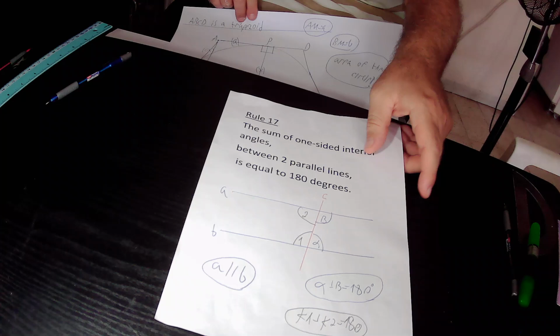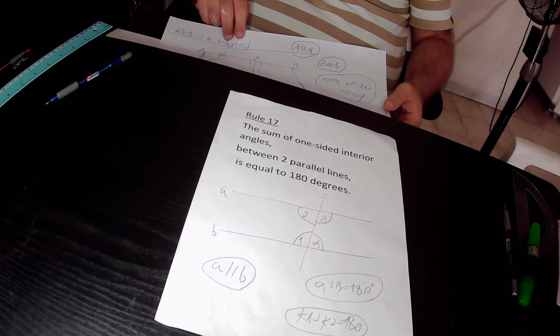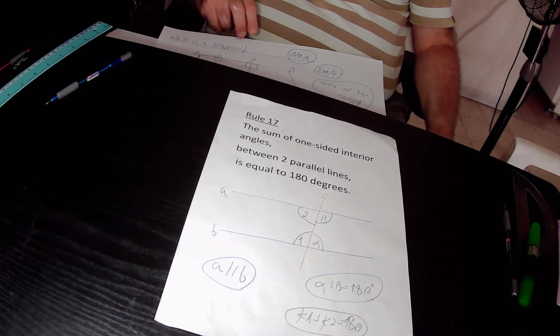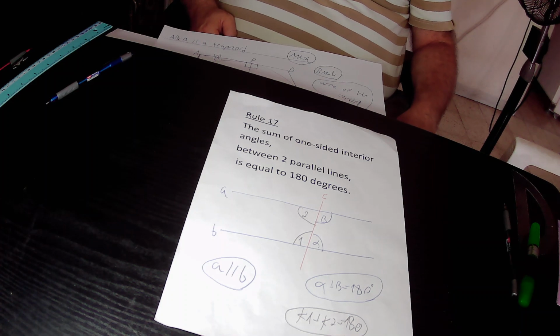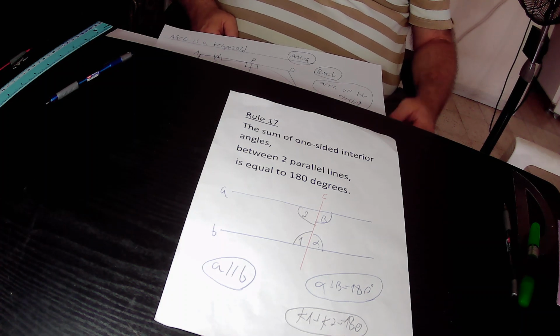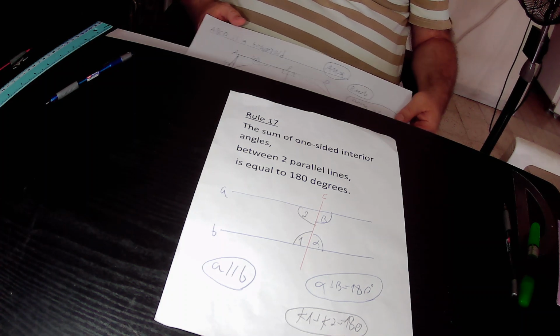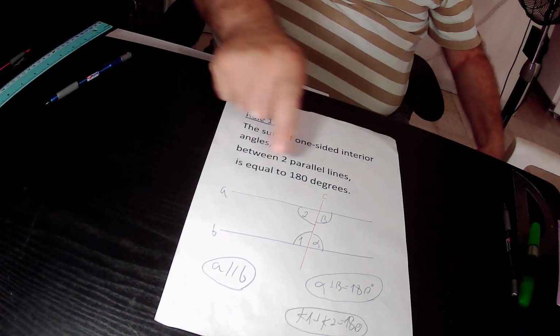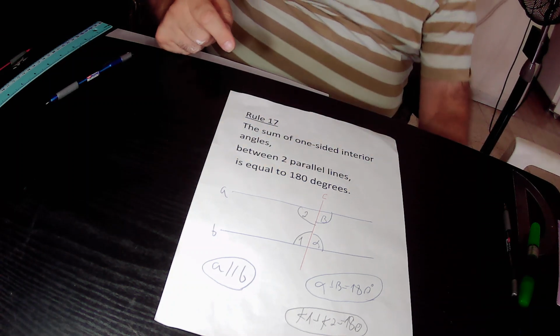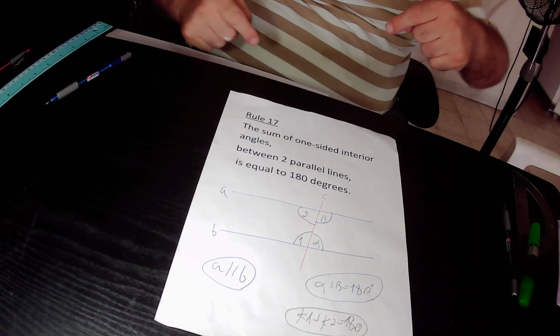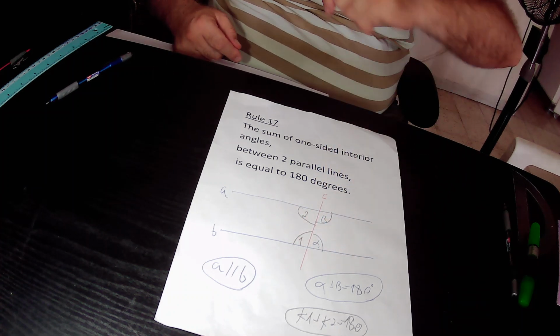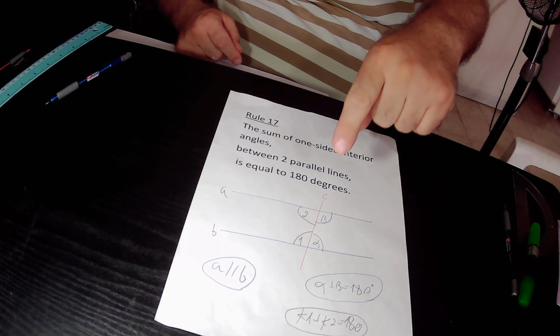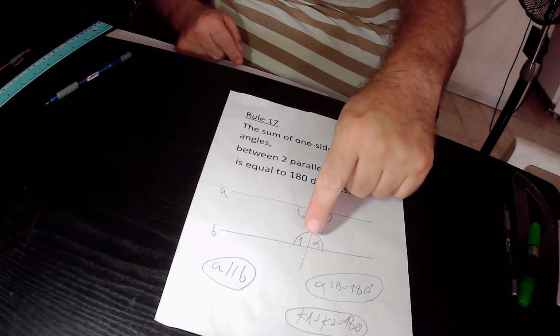According to rule 17, the sum of one-sided interior angles that are located between two parallel lines is equal to 180 degrees. So in the drawing, we have line A that is parallel to line B, and the red line C intersects those two parallel lines A and B at those two points.